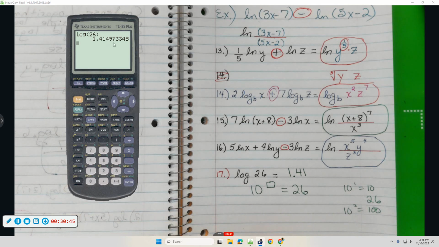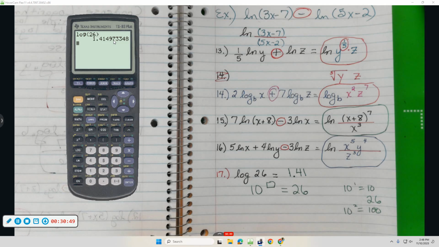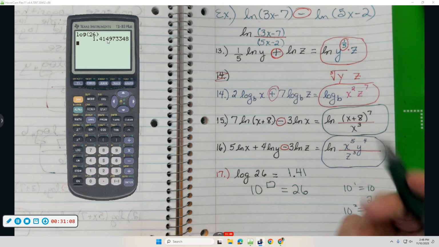This is the usual rules for rounding. 41497. Is that going to stay at 49 there, or is that going to be boosted up to 50? That 7 is 5 or bigger, so we want to increase that 9. Well, there's not a digit bigger than 9, but when you think of that as 49, it's boosted up to 50.